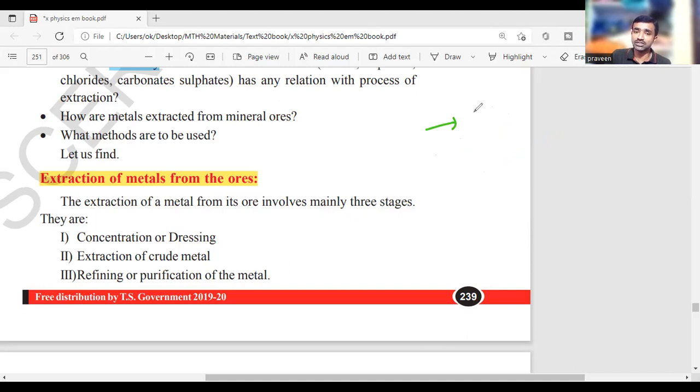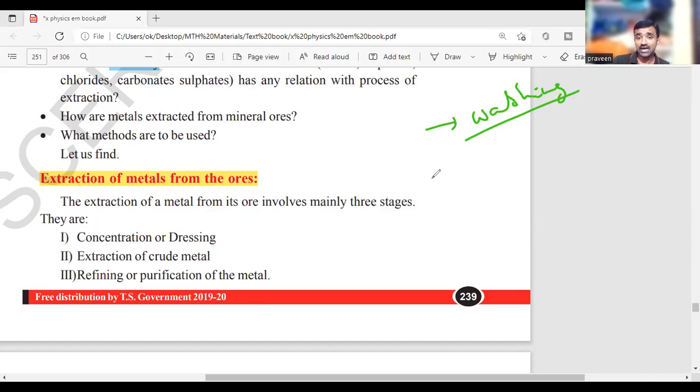Then the second method is washing. For example, if you observe the continuous stream flow of water over soil, for example in the rainy season, right? What happens in the rainy season?